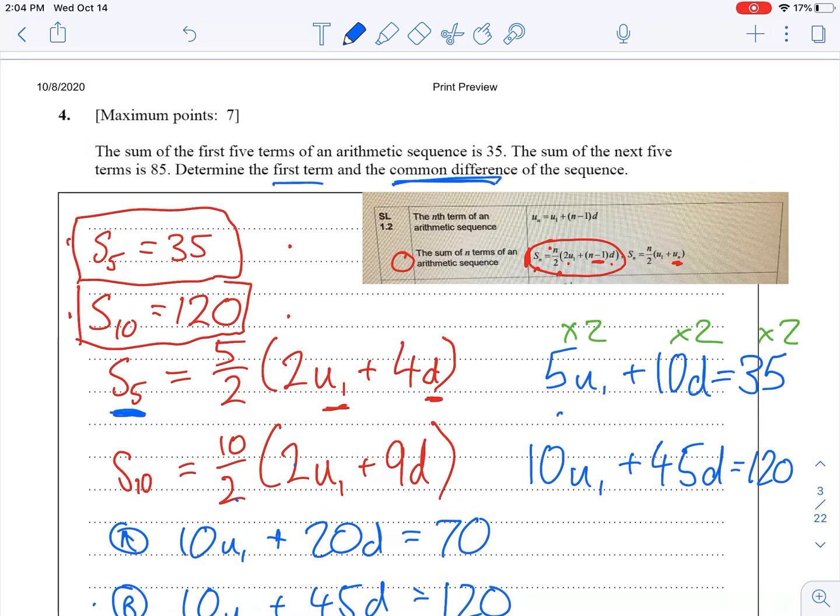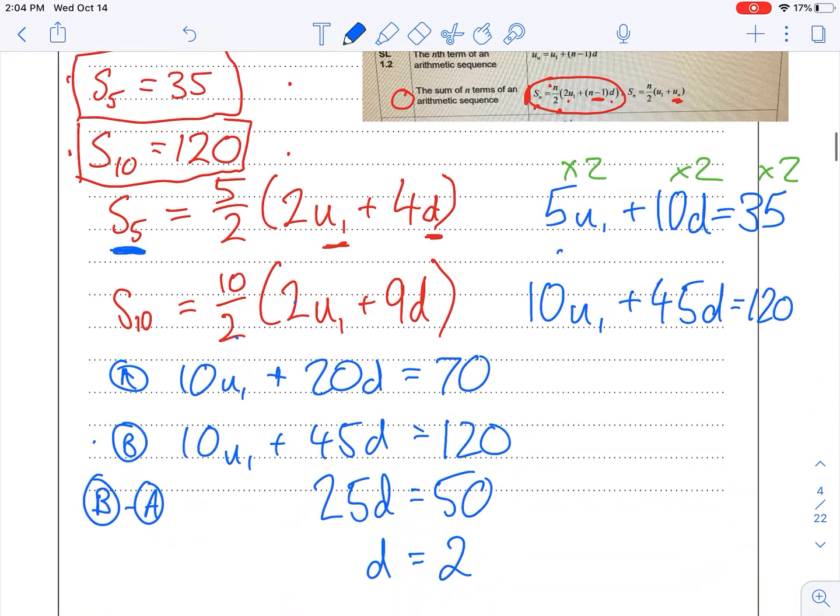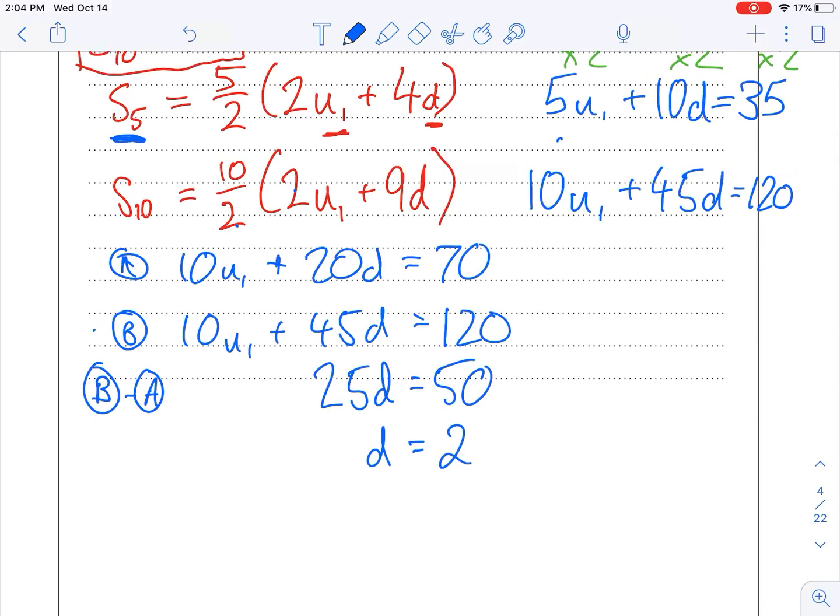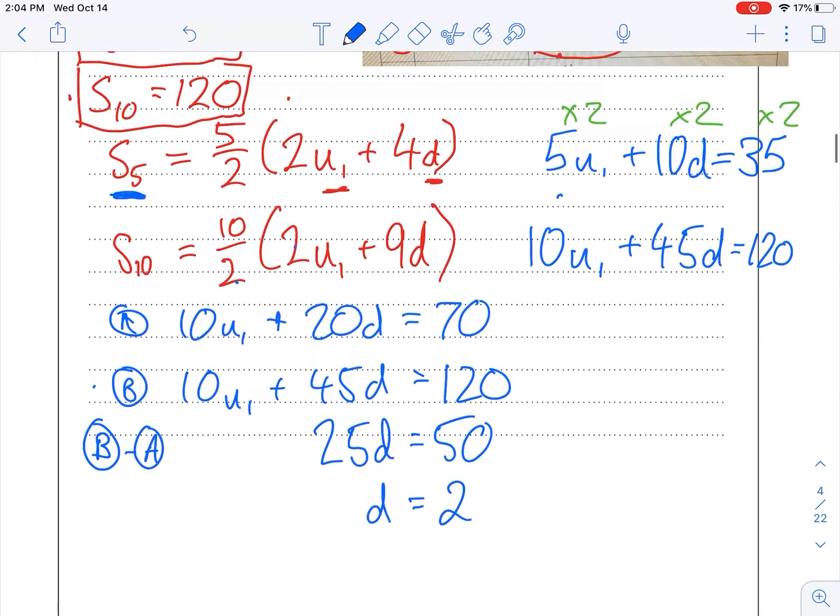We're partway there. Now I need the first term. Well, now that we know the common difference, we can just substitute that back into any one of our equations. Any one of these is going to lead me to the right solution. So let's just take, I don't know, I like this one. Let's substitute in there.